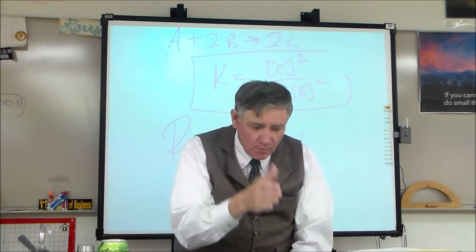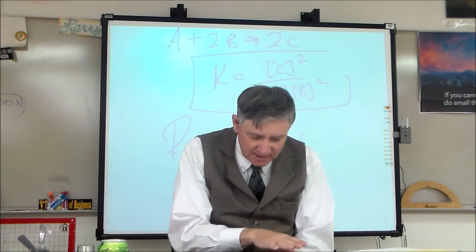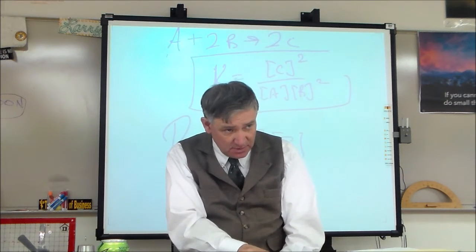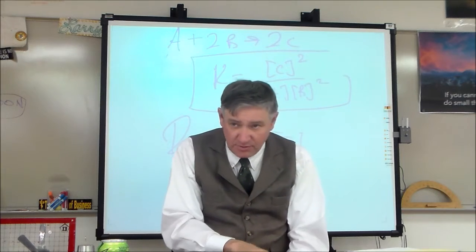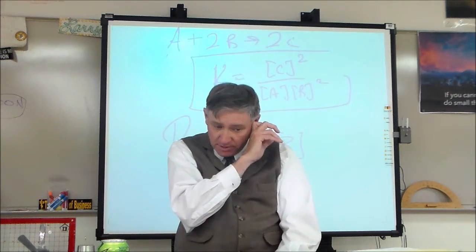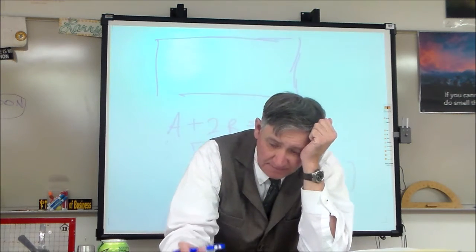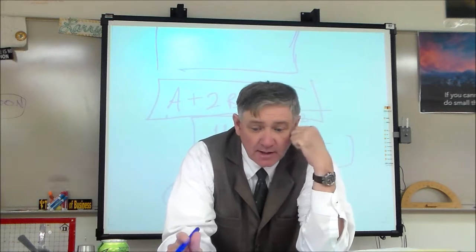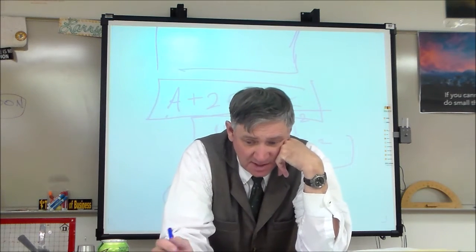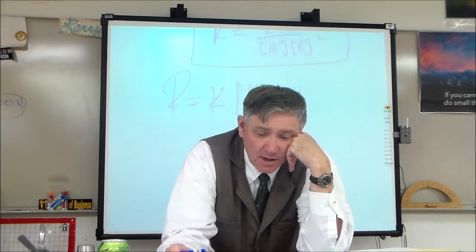So when you get to the second one, you should see that it's second order with respect to the nitrogen monoxide and it's first order with respect to the bromine. So here's what's different in terms of the two of these. When you look at this reaction, and you're writing the value of K, the B concentration gets squared.